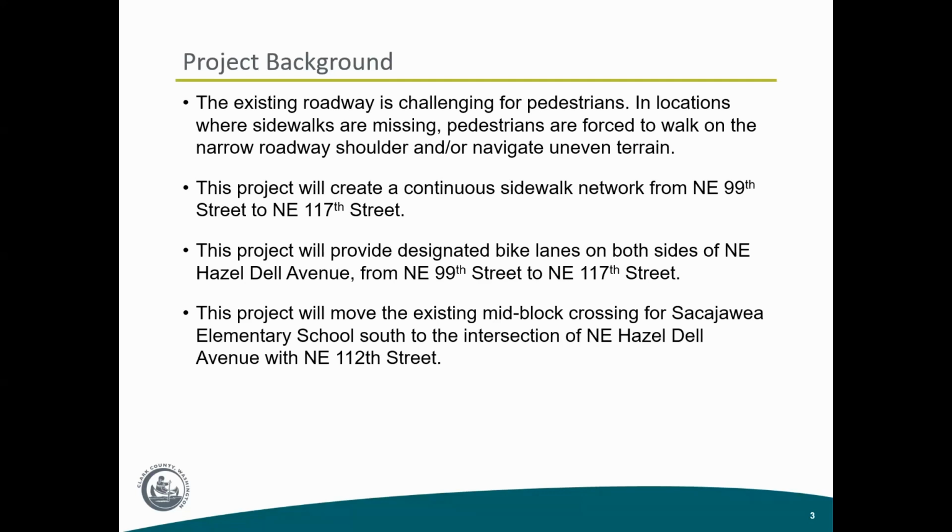This project will create continuous sidewalk from Northeast 99th Street to Northeast 117th Street. In addition, it's going to provide designated bike lanes on both sides of Hazel Avenue from 99th Street north to Northeast 117th Street. And finally, we're going to move the existing mid-block crossing for Sacagawea Elementary School. It will be moved south to the intersection of Northeast Hazel Avenue with Northeast 112th Street.